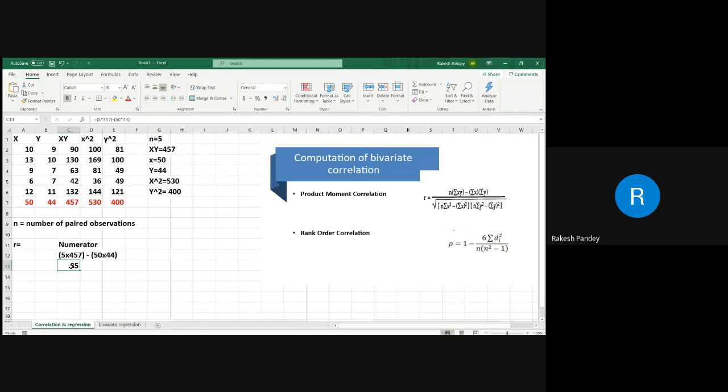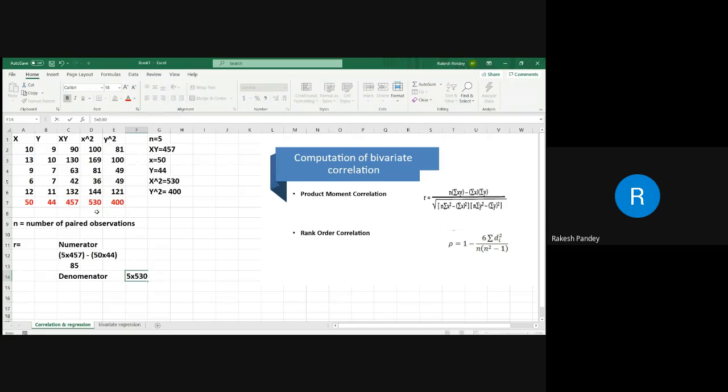Now similarly we can do the computation of the denominator. In the denominator we will have to do two computations, one for x. So n is equal to 5 into summation x square. Summation x square means not 50 square. It is the value of this column. So summation x square is equal to 530.